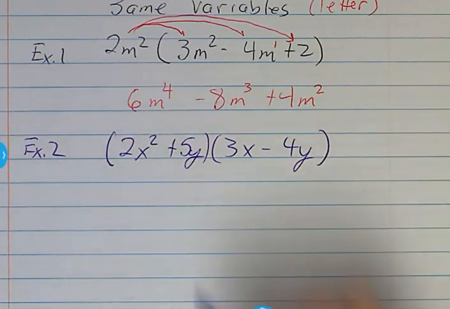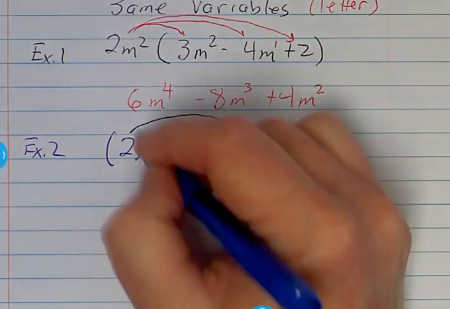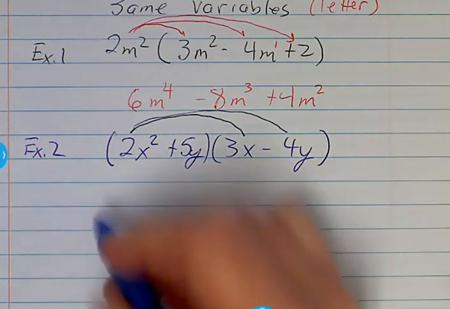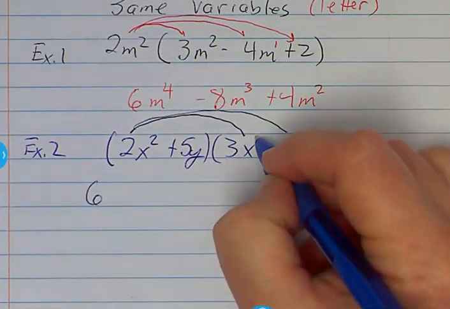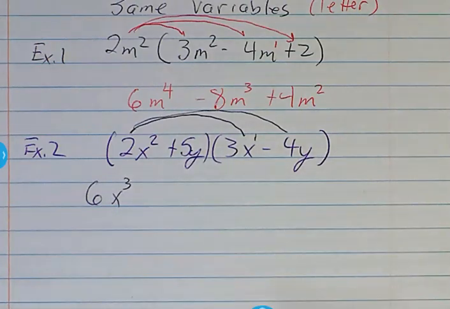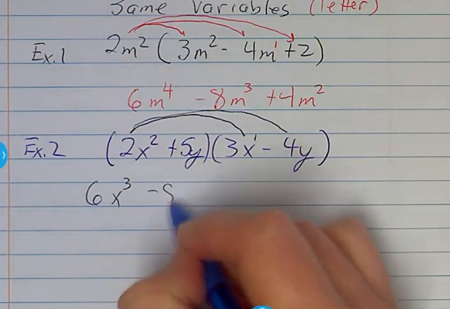Okay, so top part, we'll do 2x squared times both of these. So we've got 2x squared times 3, so 2 times 3 is 6. Again, you've got x to the 1st and x squared, so it'd be x to the 3rd. Then we've got 2 times negative 4, which would be negative 8.